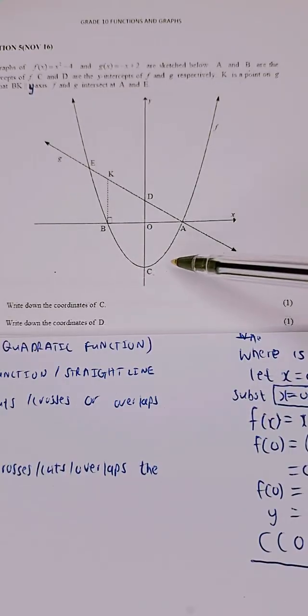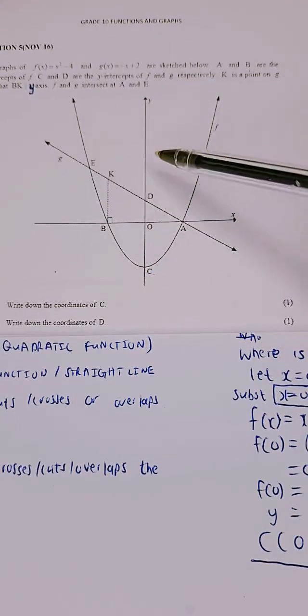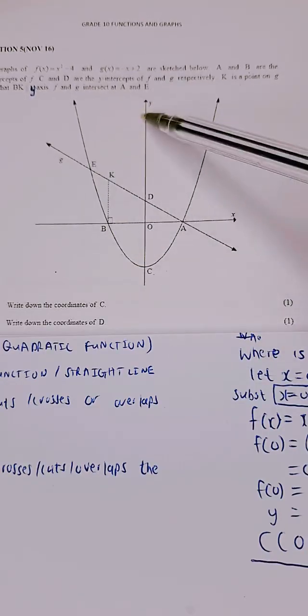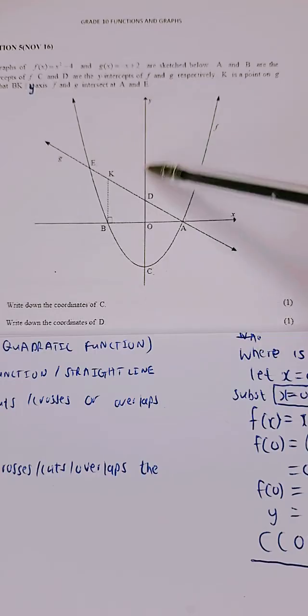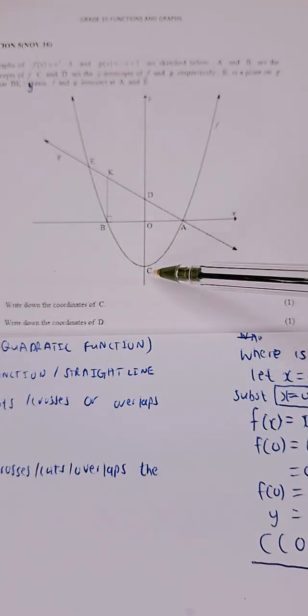Because remember, how did we write down the coordinates of C? We first asked, where is C? And we found out that C lies on the y-axis. Because C lies on the y-axis, we know that along the y-axis, the value of x everywhere on the y-axis is equal to what? 0. So then we took x is equal to 0.